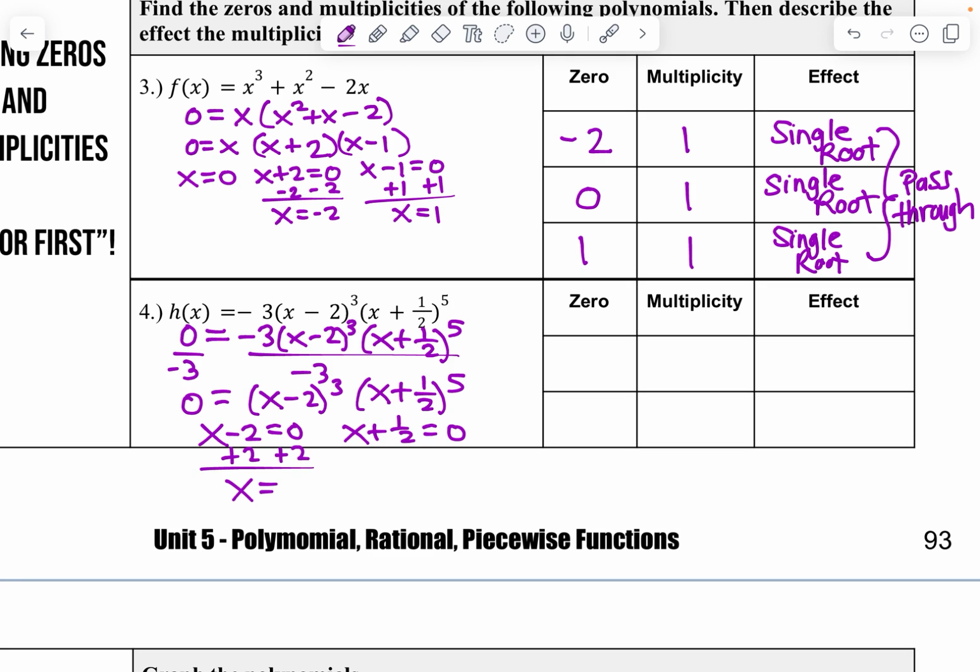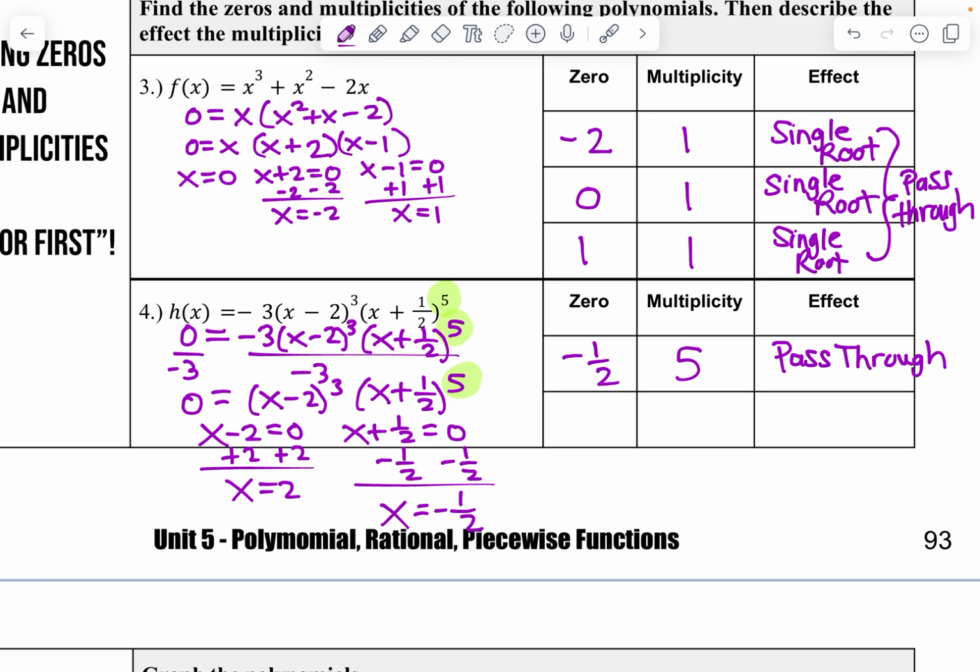So we're going to get x equals 2, and then we get x equals -1/2. So our first 0 is -1/2. Its multiplicity was 5. So because that's odd, it's going to pass through the x-axis.